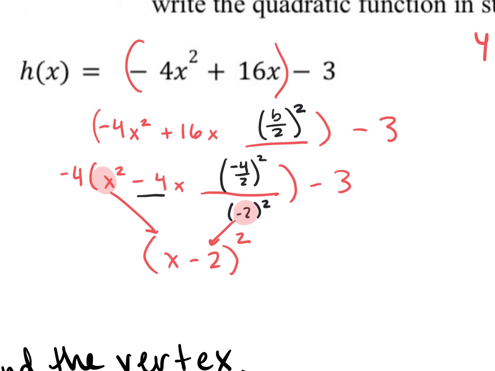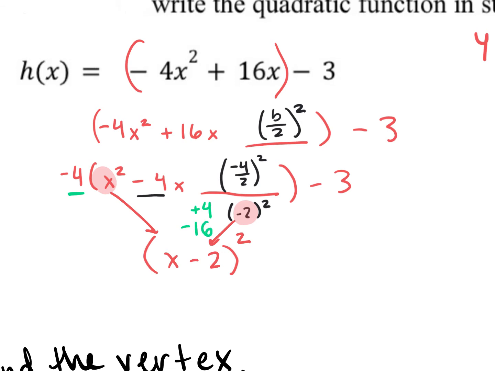Now I just pulled this negative 2 squared out of nowhere, so I have to make sure my equation is still balanced. So negative 2 squared is 4, so I'm adding a 4 inside here. But it's inside the parentheses, so I have to multiply that times negative 4. So I'm actually subtracting 16 in here.